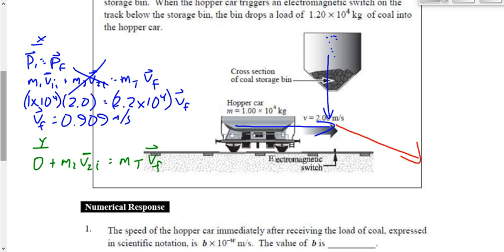If you're going to do the y-axis, and when the coal hits the hopper car, it moves the Earth with it, then mass total here, this time for the y-axis, would include the mass of the Earth, right? Which is 10 to the 24 kilograms. If you include the mass of the Earth and you solve for VF for the y-axis, VF is going to work out to be 0.